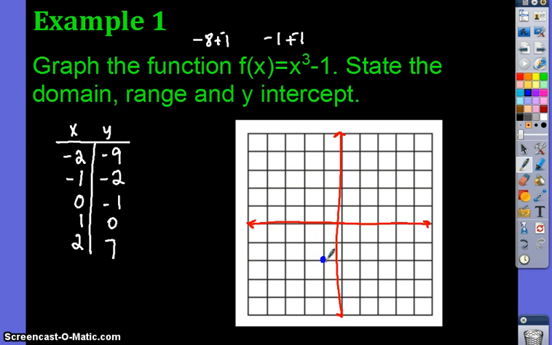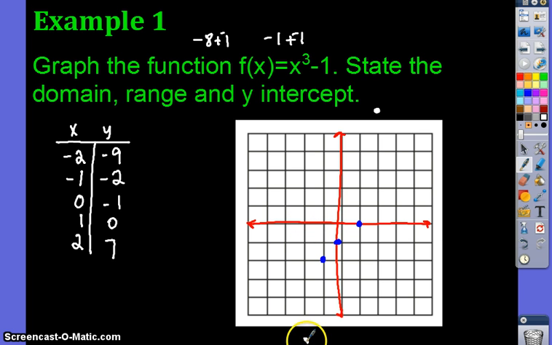That's one of our points. And then we have 0, negative 1. Ooh, I should have drawn that better. And then we have 1, 0. And then we would have 2, 7, which would be right about here. And then we would have negative 2, negative 9, which would be down here, further down a little bit.